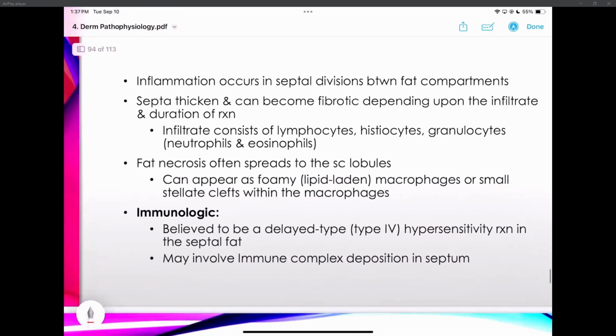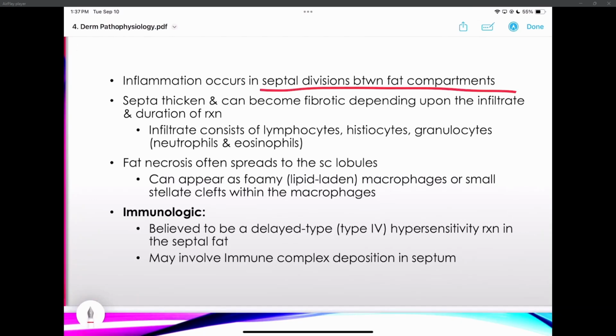Again, inflammation occurs in septal divisions between fat compartments. Septa thicken and can become fibrotic, depending on the infiltrate and the duration of the reaction. We get lymphocytes, histiocytes, granulocytes, all going into this area. Then we lead to fat necrosis of the subcutaneous lobules.